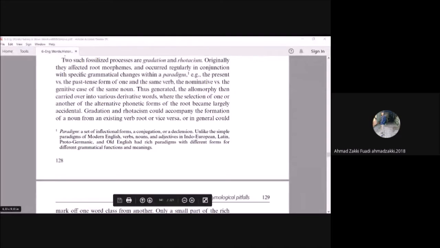Okay, that's great, Sophie. So that's the definition of fossilized allomorphy. Maybe anyone has another idea? Overall, I agree with Sophie.